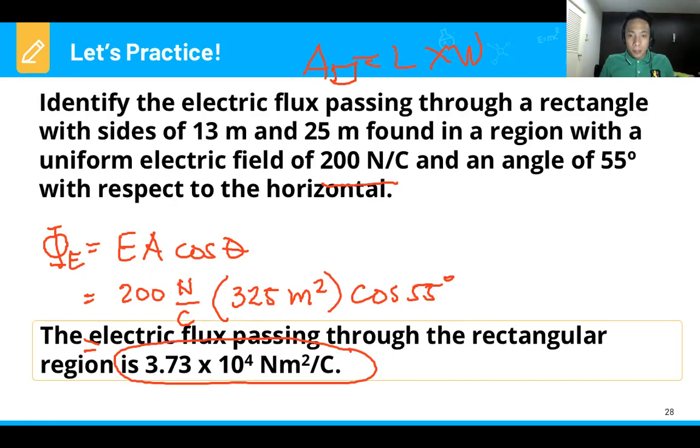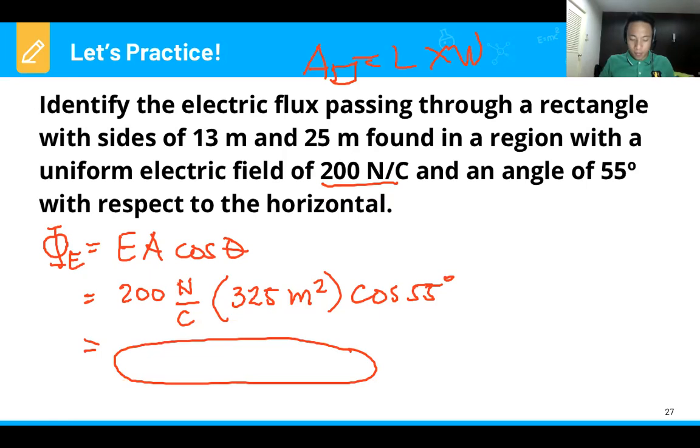So what is cosine 55 degrees? Let's solve it.